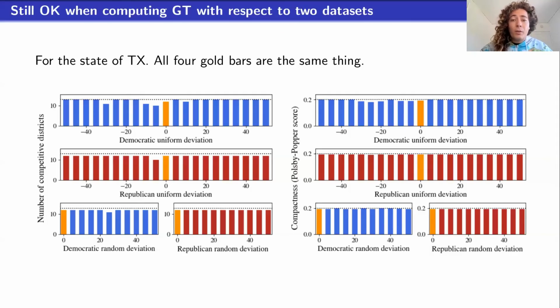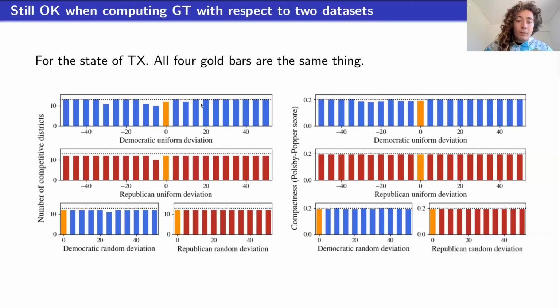In an attempt to capture the part of our model where we allow the data sets to differ, we also ran some experiments where we consider one party manipulating their data in some structured way. So on the left-hand side, I'm plotting the number of competitive districts. On the right-hand side, I'm plotting the Polsby-Popper score, compactness.